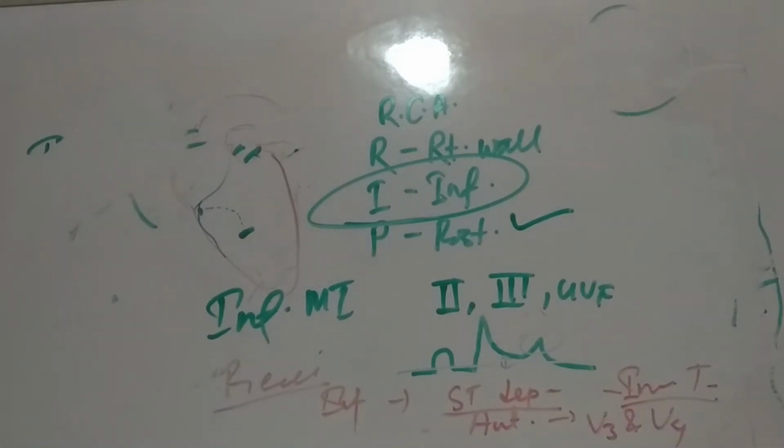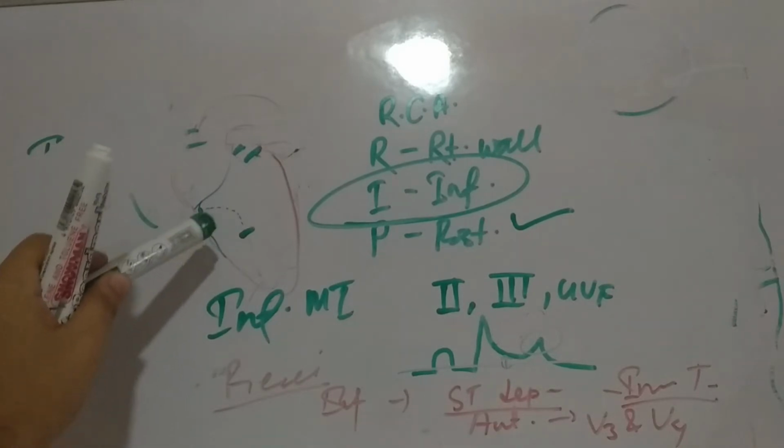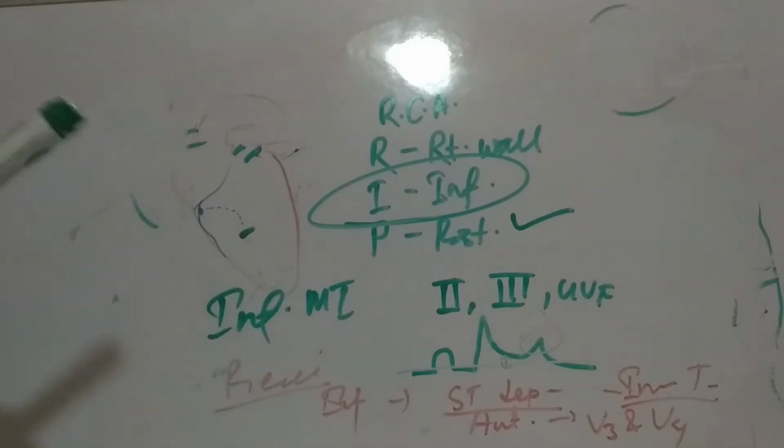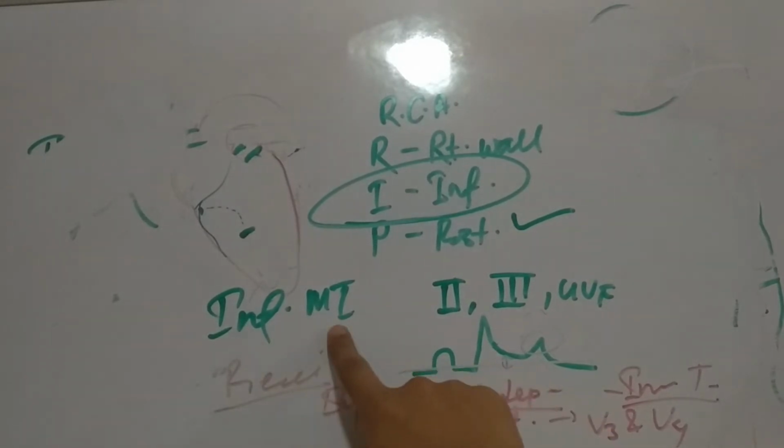What I wanted to focus on in this video is that in 80% of cases, inferior wall MI is caused by right coronary artery occlusion. In 15% of cases, people are left coronary dominant, and co-dominant in 5%. In those cases, inferior MI could be because of left coronary artery occlusion.